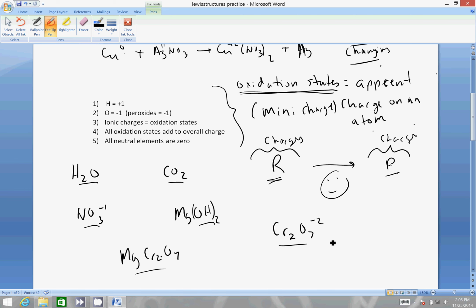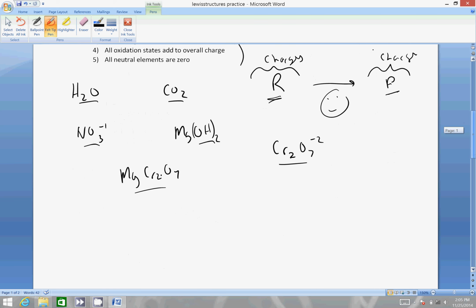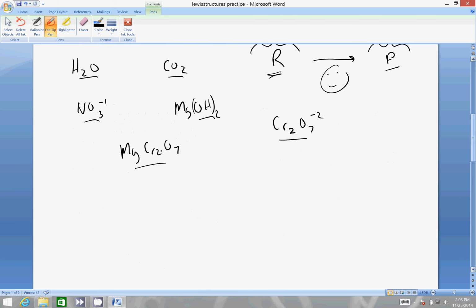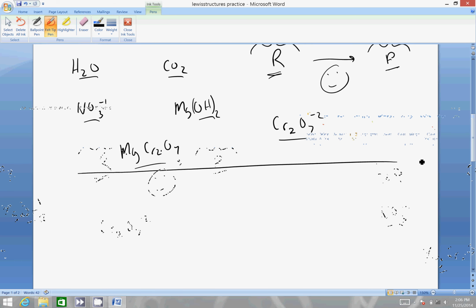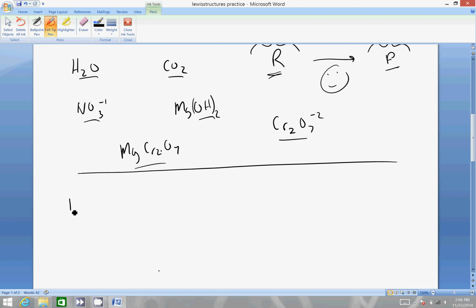Whenever I do a problem of this nature, I'm going to do water first. We have H2O. I have two different types of information that I use here. The top one is for overall charge.